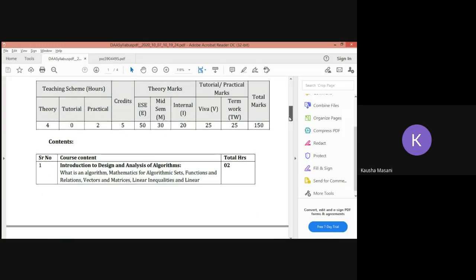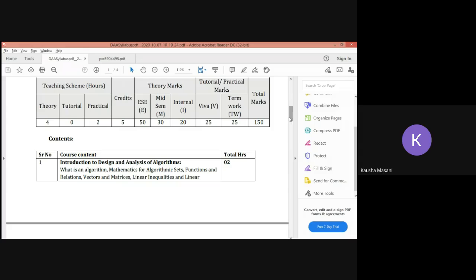The teaching scheme, the theory marks, as you are aware: mid-sem you have 30 marks. Internal assessment you have 20 marks. Viva you have 25. Term work you have 25. Now, term work is nothing but your lab submissions, so you have 25 marks for those.